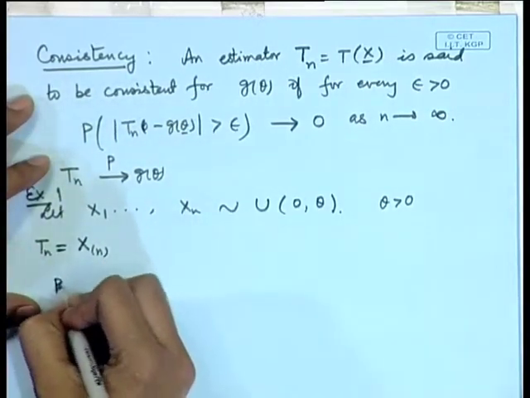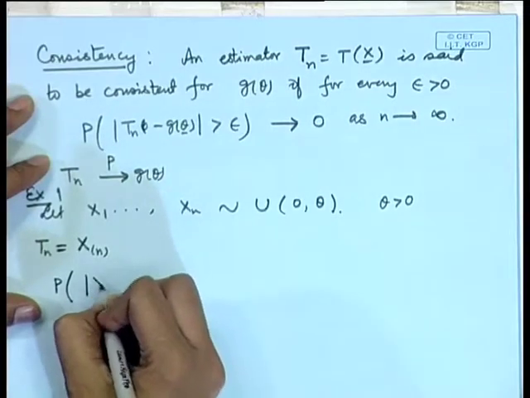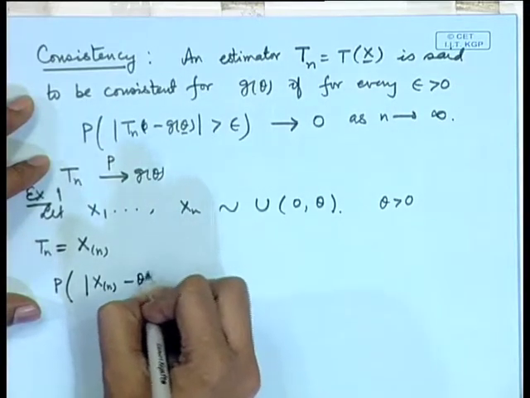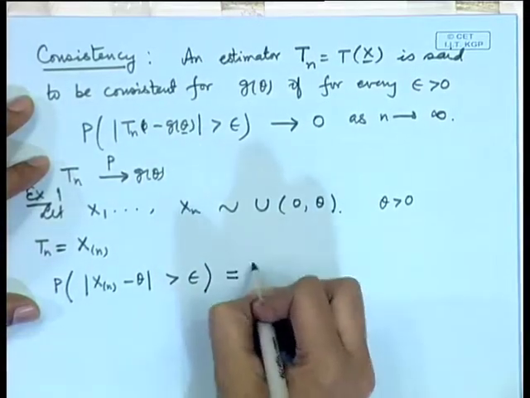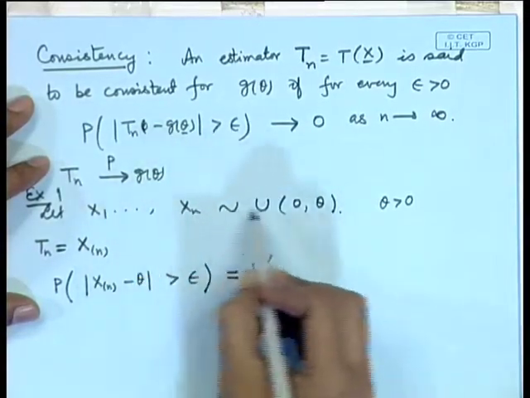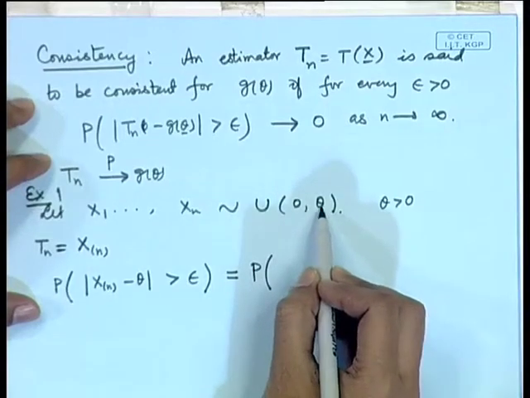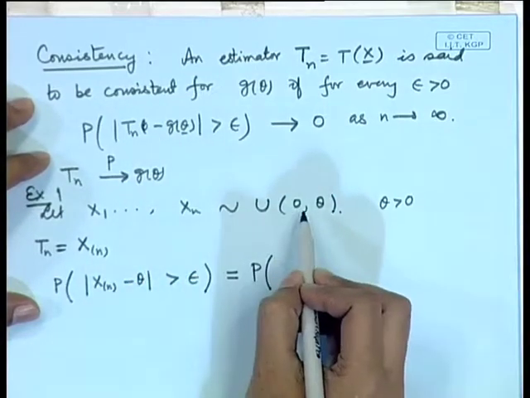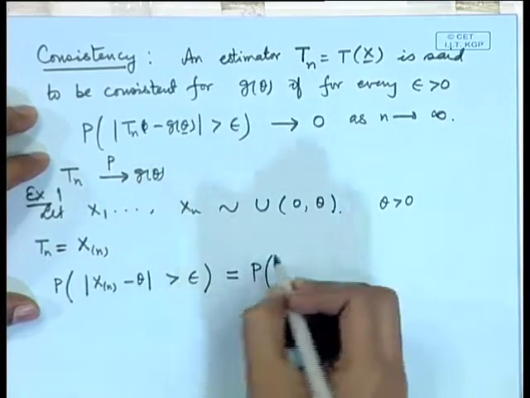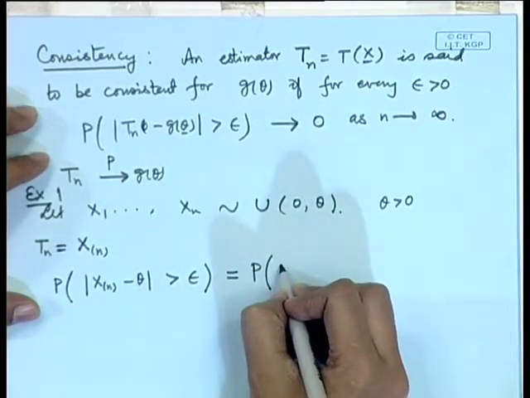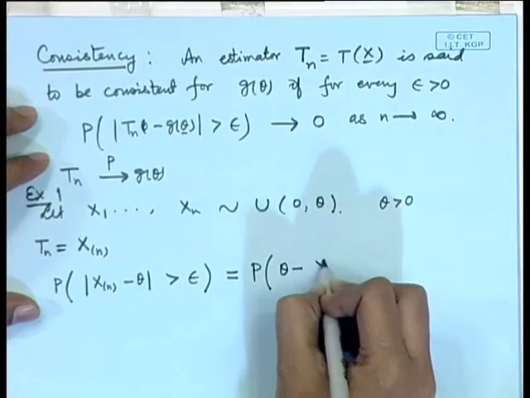So, if I have to calculate the probability of modulus X_(n) minus theta greater than epsilon, then what is this probability equal to? If I am saying uniform (0, theta) distribution, then each of the Xi's lies between 0 to theta. So, this X_(n) also lies between 0 to theta. So, the modulus value of X_(n) minus theta is actually theta minus X_(n).